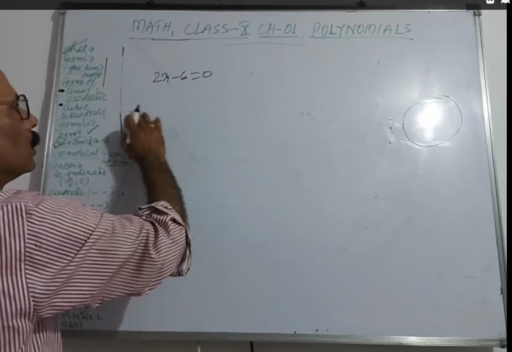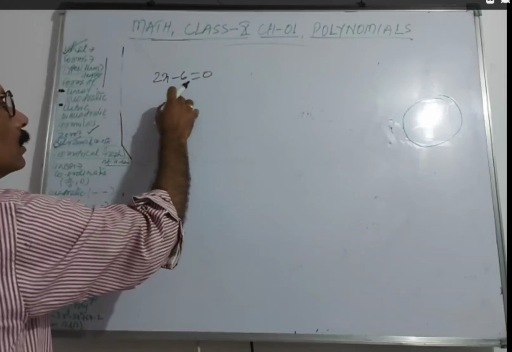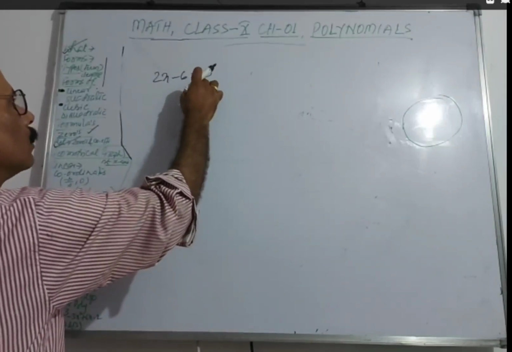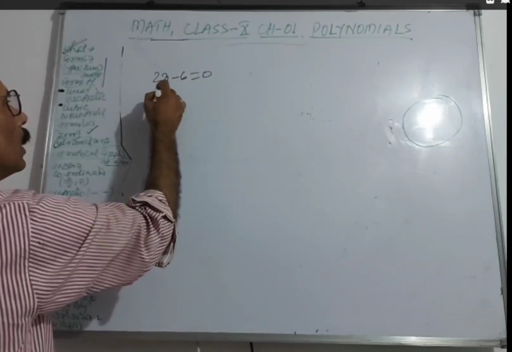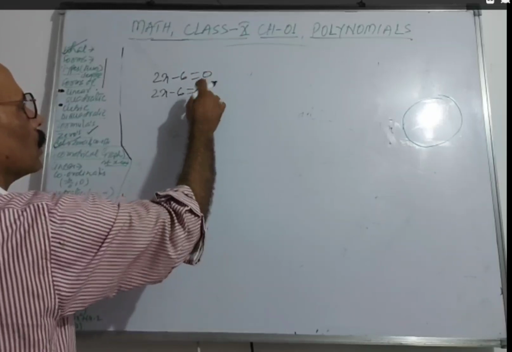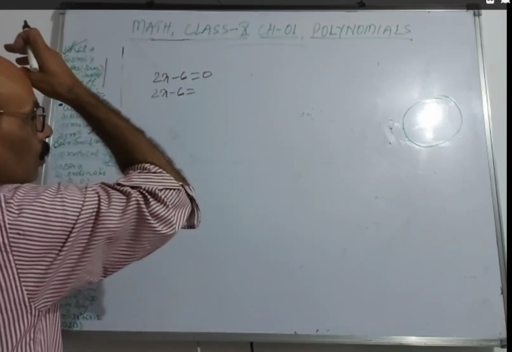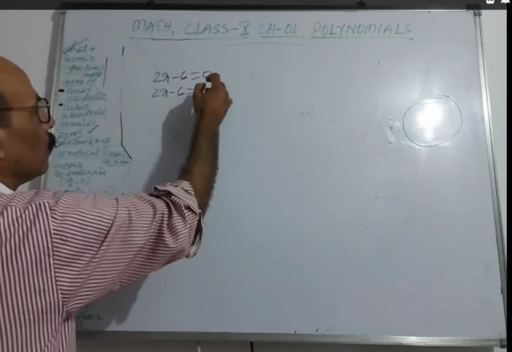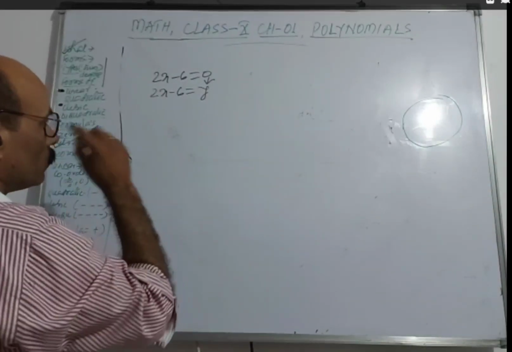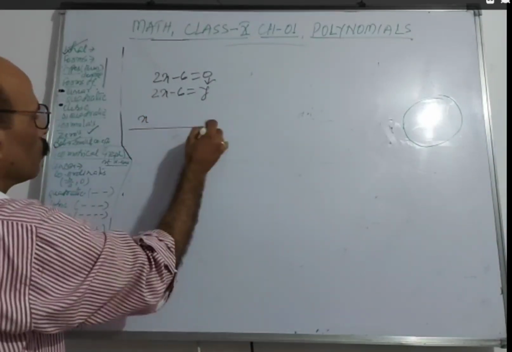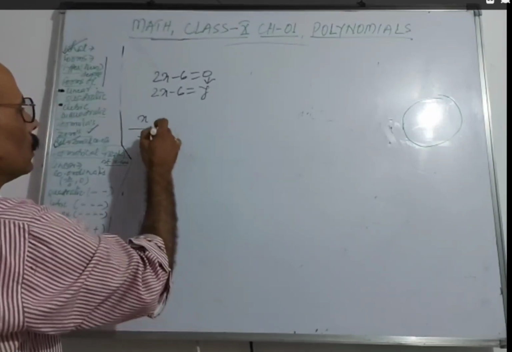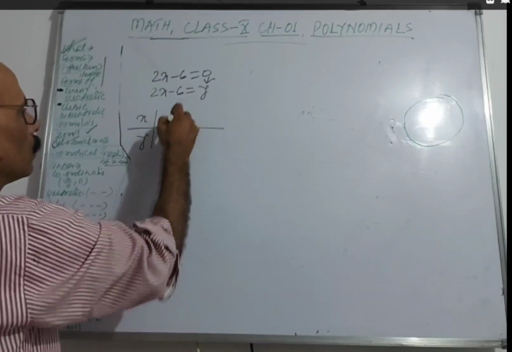If we have to make a graph, in place of 0 we write y, so 2x minus 6 is equal to y. Then we were making two columns, as in ninth class.